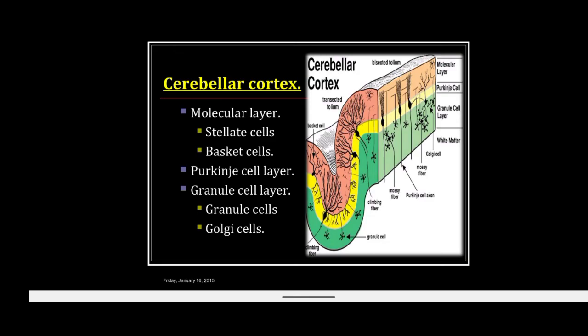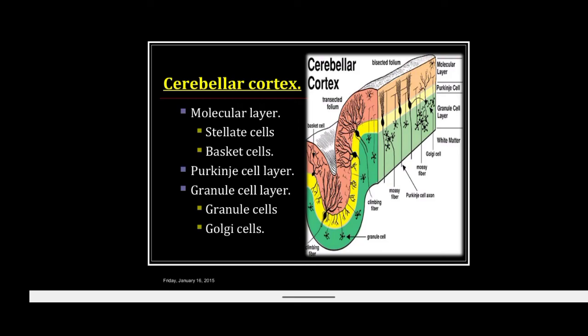And there are different types of cells present in the different layers. In the molecular layer, 2 types of cells are present, that is stellate cells and basket cells. The second one is the Purkinje cell, present in the Purkinje cell layer, and 2 different types of cells, that is granular cells and Golgi cells, are present in the granular cell layer.